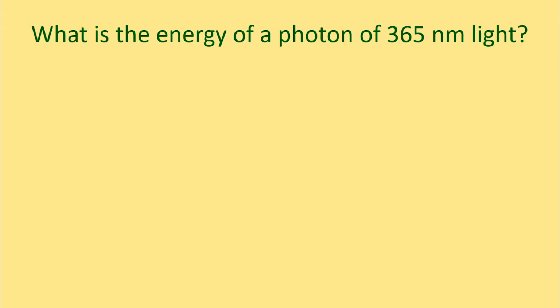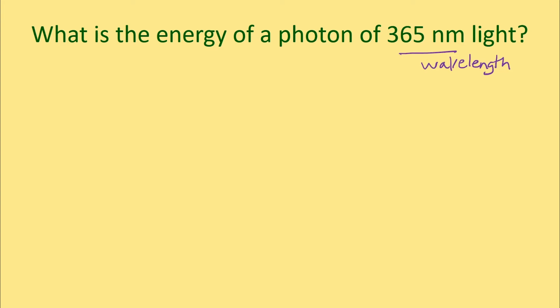What is the energy of a photon of 365 nanometer light? So note that 365 nanometers, that's wavelength. It's giving me meters. I know meters are a unit of length, so this is a wavelength. I have to be careful because my equations are going to need it in meters.